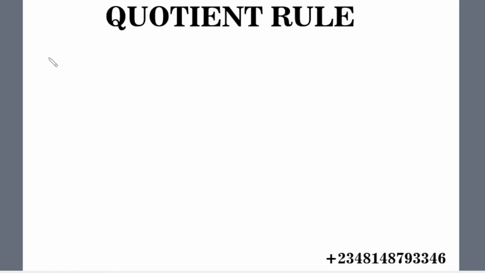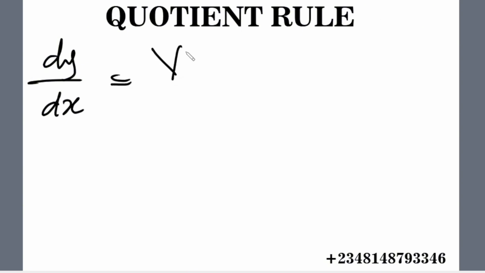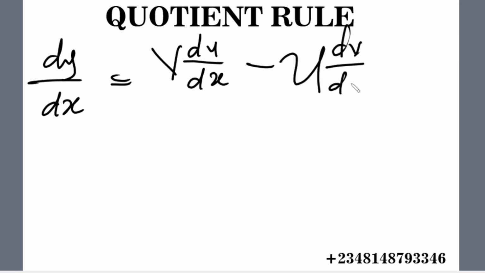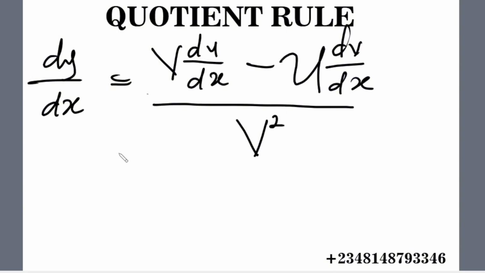Now let's apply the quotient rule formula. dy all over dx equals v du/dx minus u dv/dx all over v squared.